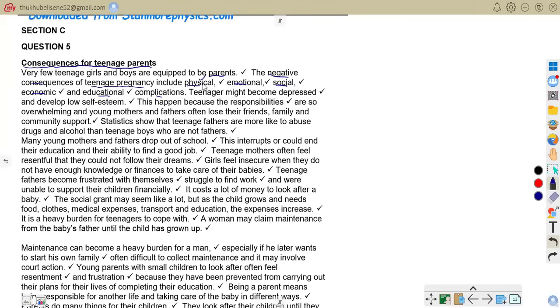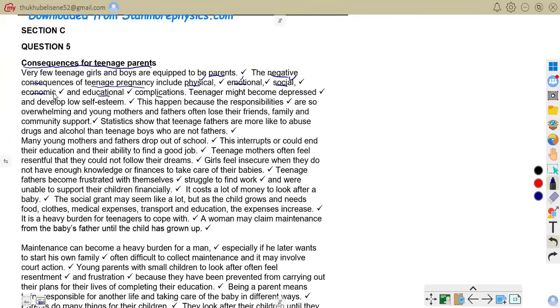Also, emotional is another negative consequence, whereby teenagers may feel depressed, stressed, or lose self-esteem. Social is a negative consequence as well. They might lose friends or face rejection from family and community.